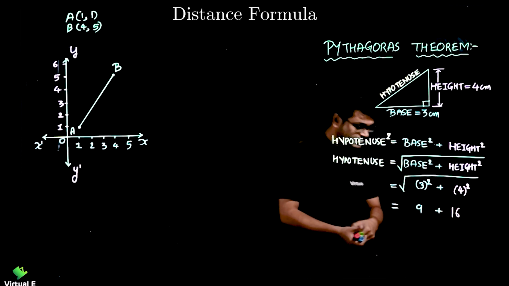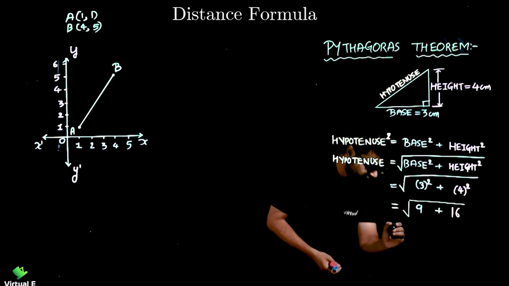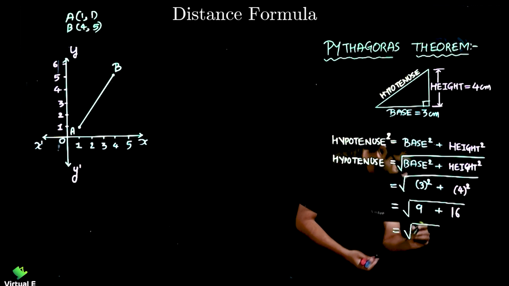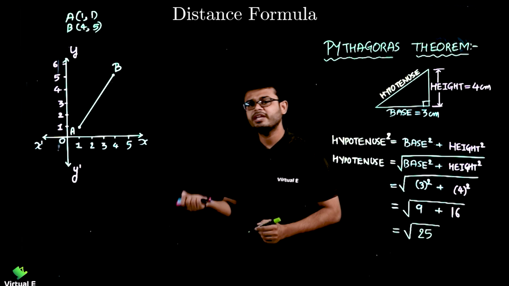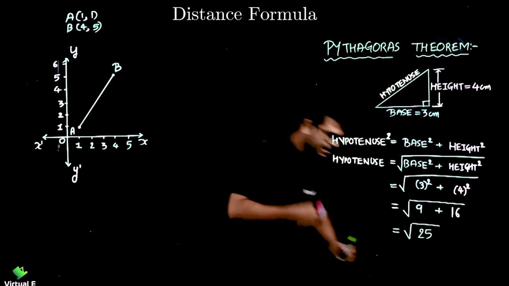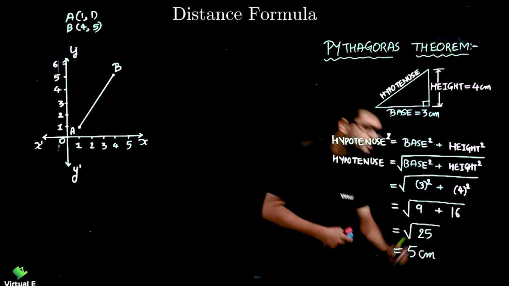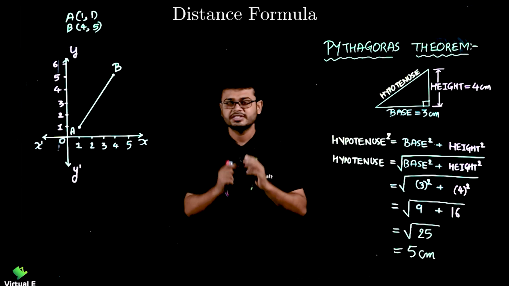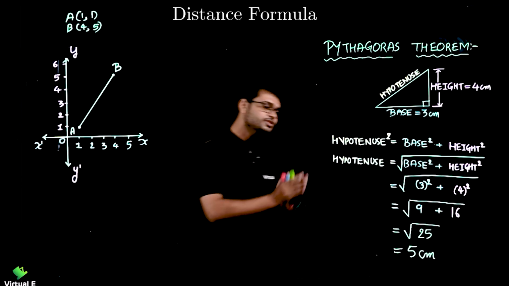Now 9 and 16 will add, and what will be the answer? Can you guess? Yes, it is 25. And if we take the square root of 25, what are we going to get? Simple answer, which is 5. And I will write the unit as centimeter because the base and height unit is centimeter. Simple. We know this. I told you that you already know the answer and we have done it so many times.